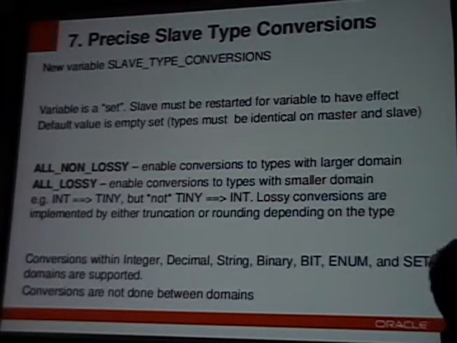It's truncated. It uses the normal built-in internal conversion in MySQL. So I don't have a setting where I can say accept a 1 from an int into a tiny int, but don't accept 257. You cannot do that. If it's too big, then it will be truncated.